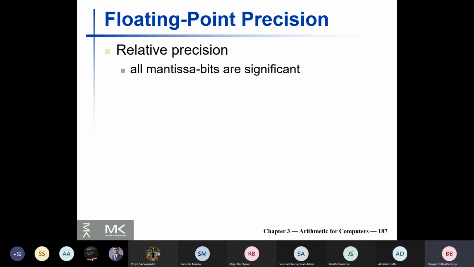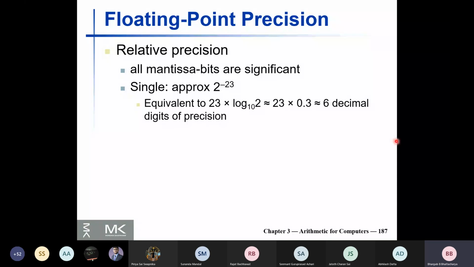And what about the precision? There is a concept of precision: the mantissa bits are significant, and the least significant bit in the mantissa contributes 2 to the power minus 23. That is equivalent to the sixth place after the decimal point, so six digits after the decimal point.